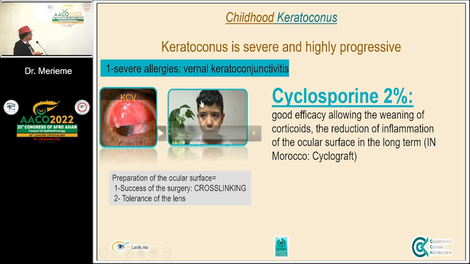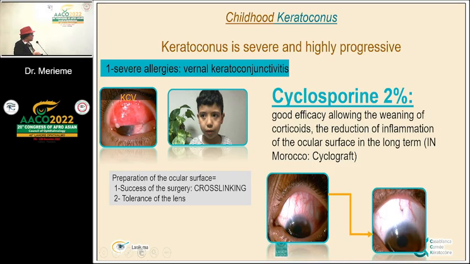It has good efficacy, allowing the weaning of corticoids and the reduction of inflammation of the ocular surface in the long term. This is very important to prepare the ocular surface for surgery, to have no complication with the cross-linking, and so that the child can tolerate contact lenses afterwards.